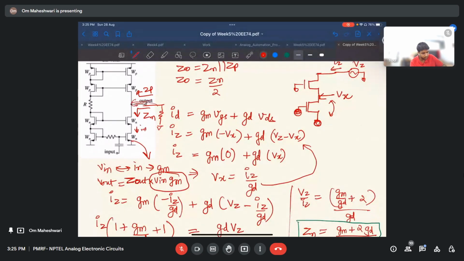So V out will be the total voltage drop here. If we do V out by V in, we will get GM into Z out. Is it making sense?